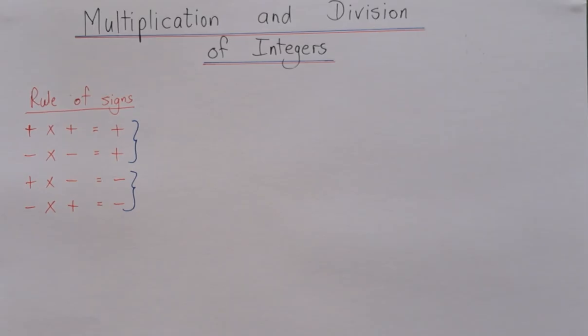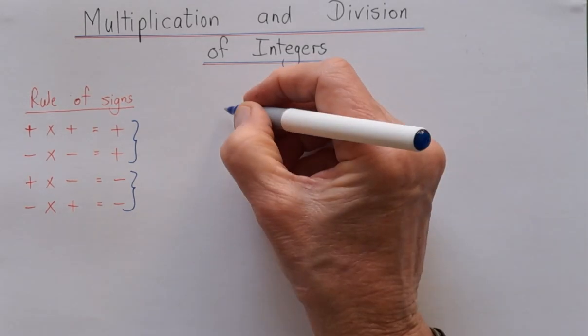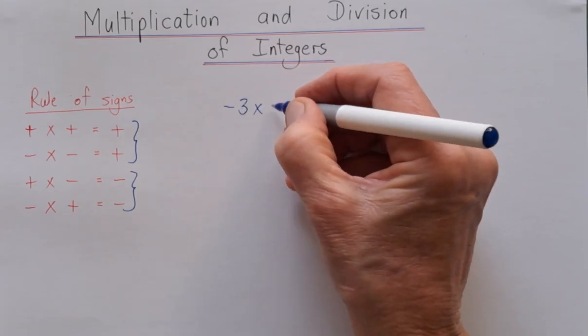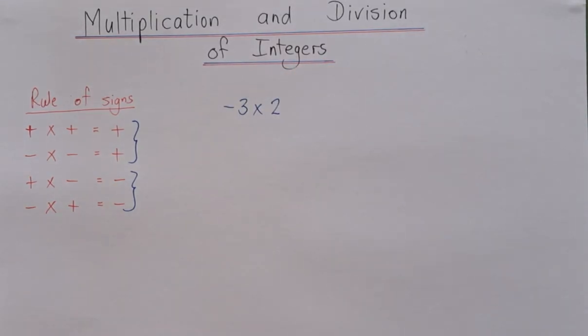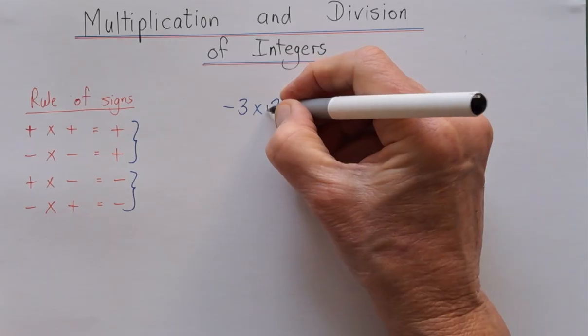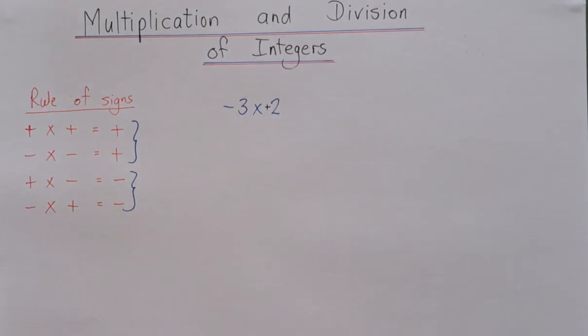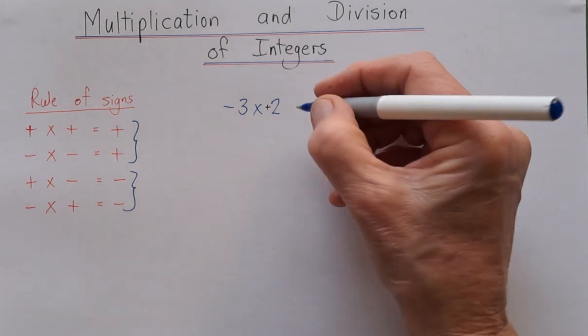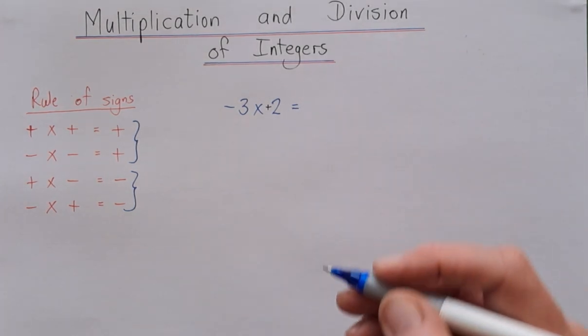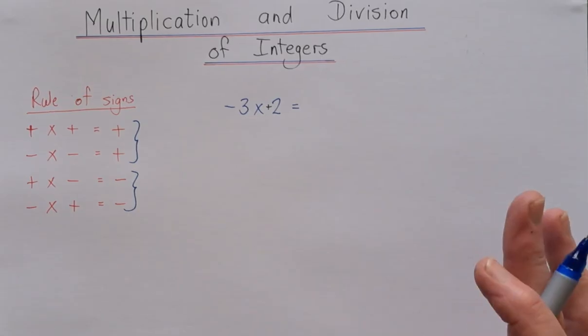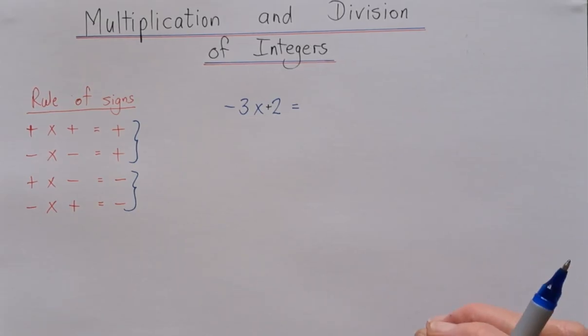So let's have a look and see how this is going to apply to actual calculations. If I have negative 3 times 2, first of all, the 2 hasn't got any sign attached to it. So I must remember that if there's no sign attached to it, it's an invisible positive. We know that it's positive. So the best way to do any of these, and I'm going to lead into much more complicated ones later on, so let's get a good method going, a foolproof method, because the thing that most students do is they keep leaving out negative signs.